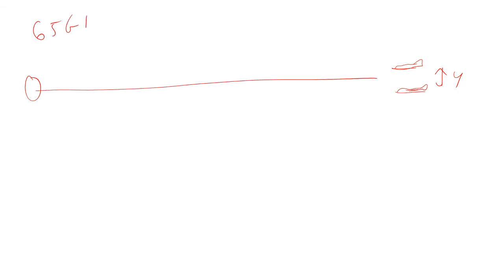Let's say we have two fighter jets on attack somewhere, flying some distance y away from each other, and there's a radar station over here using military radar, which is 65 gigahertz, much higher frequencies.